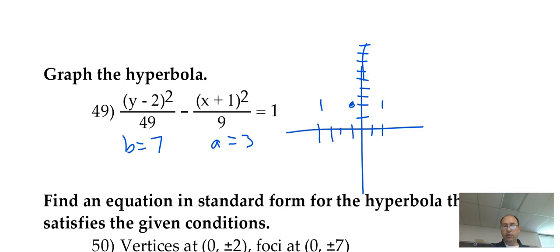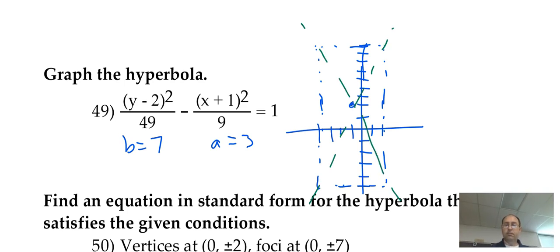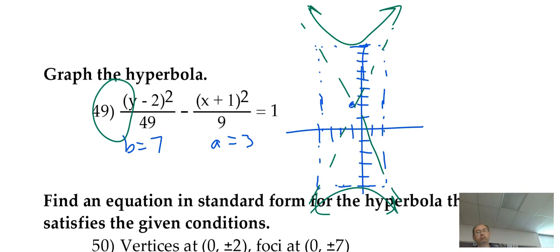And down 7. 1, 2, 3. So here's my box, and then we could get our asymptotes through the corners. Since this is a positive y-squared term, we know it opens up something like this. Basic shape of it. You just asked me to graph it, so good enough.